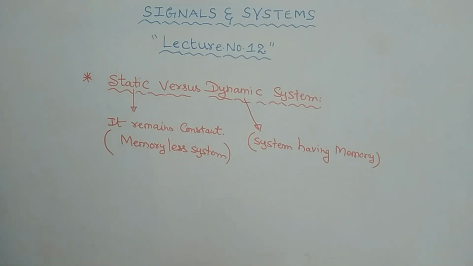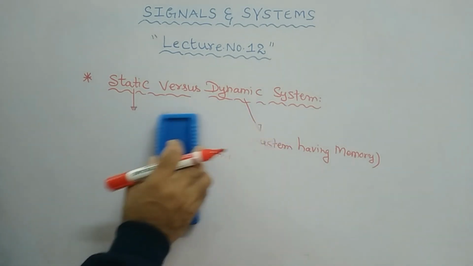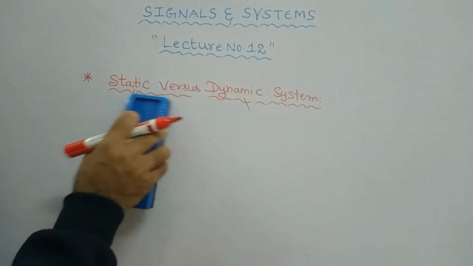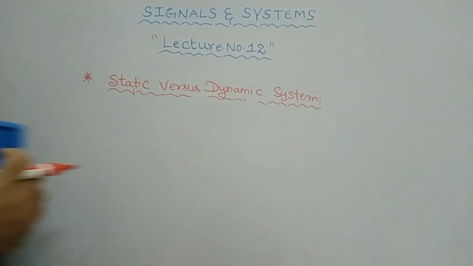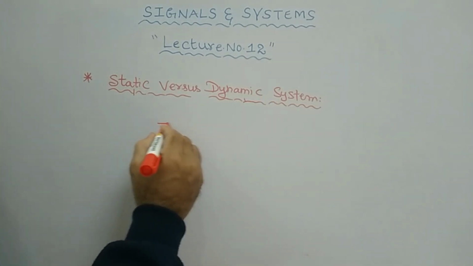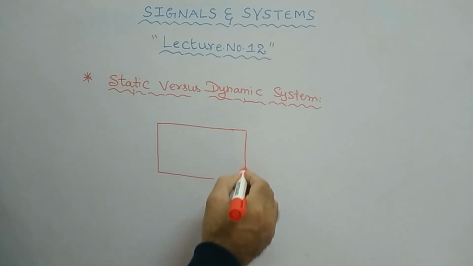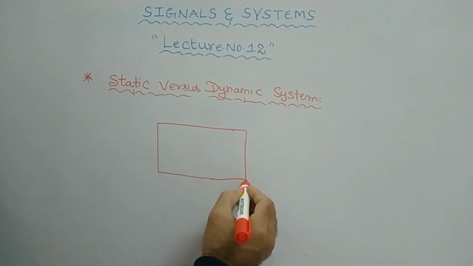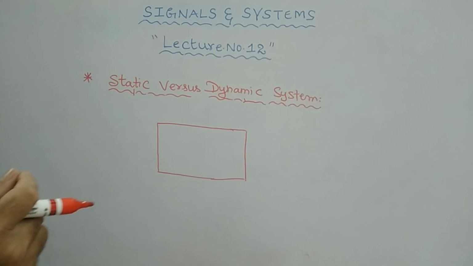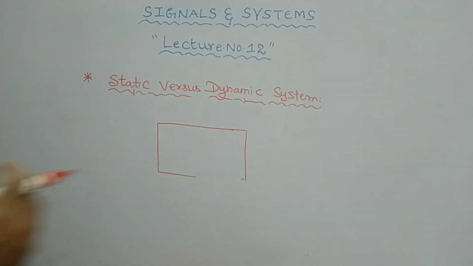The actual definition of this static versus dynamic system is the following. Always remember that from an academic point of view, you have to explain using a block diagram. You must explain each and every definition of your system like this.